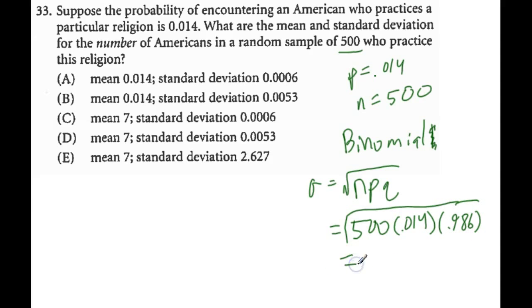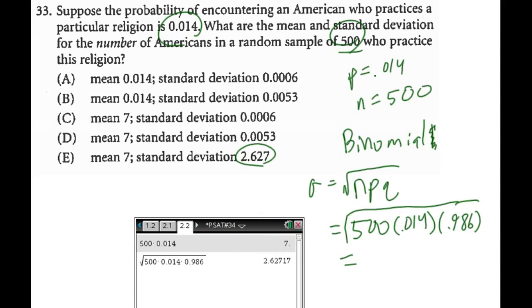And if you multiply that out, I believe you get 2.627. The mean is 500 times 0.014, I wonder what that would be. Let me try that.